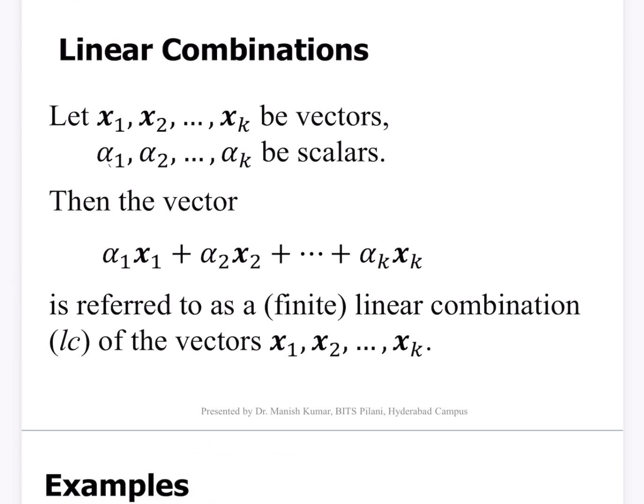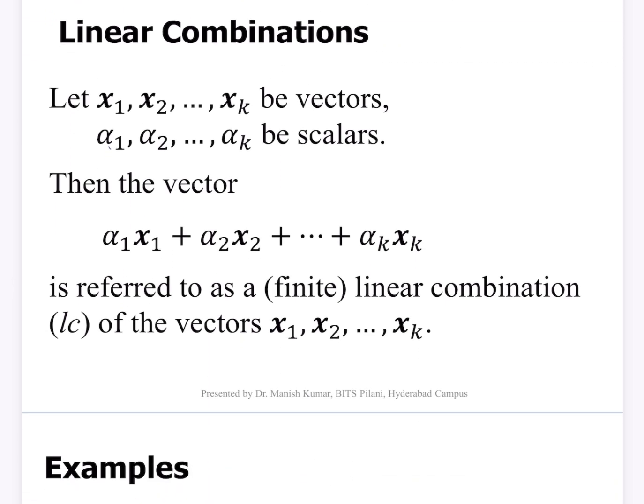So now, as you have seen linear combination already with the column picture, we are going to be motivated by that and extend our idea to k dimensions, or in general n dimensions. Let x1, x2, up to xk be vectors, and alpha 1, alpha 2, up to alpha k be scalars.